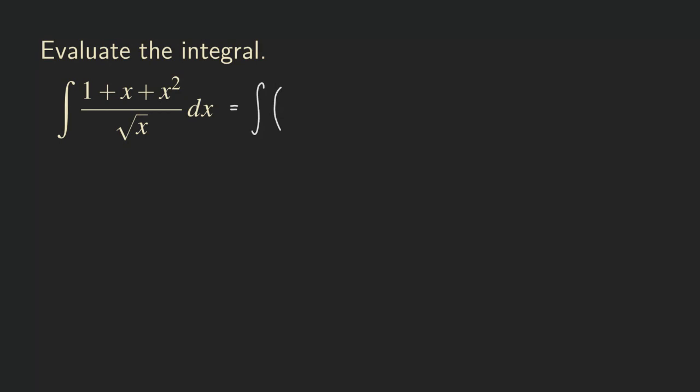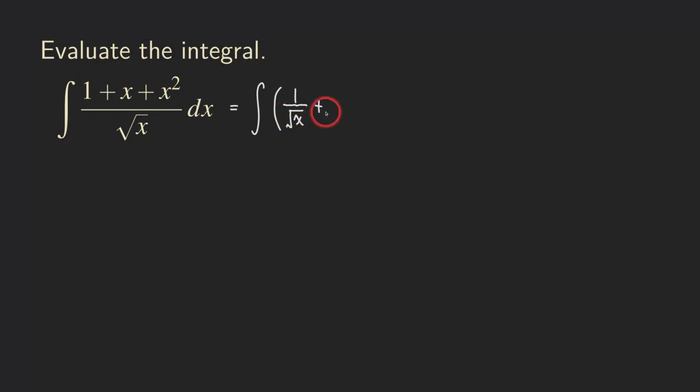For this step, we are not doing any calculus, and as you can see, we are still keeping the integral symbol. Then we break it up. The first term is 1 over the square root of x. Okay, so that's our first fraction.